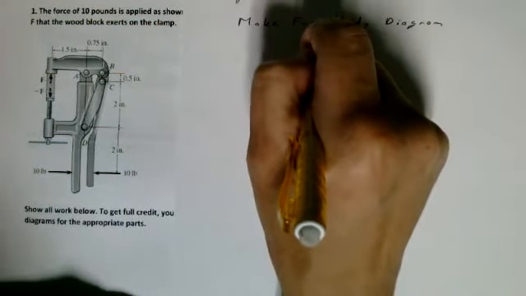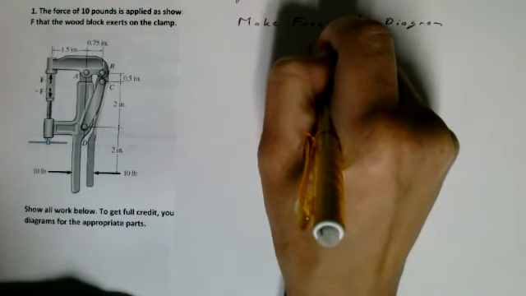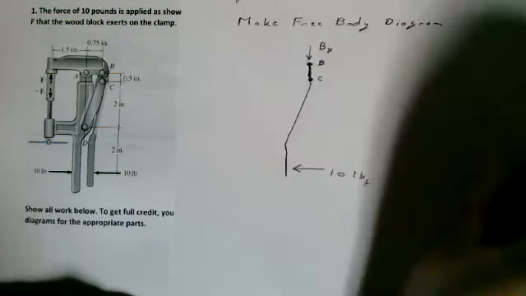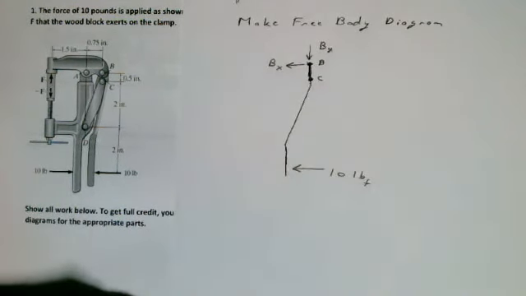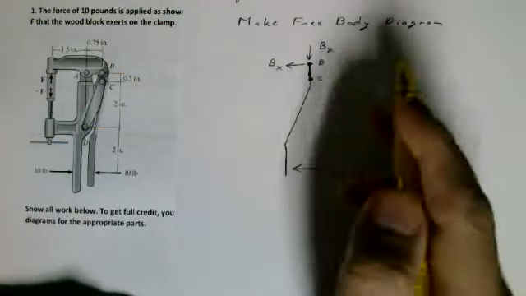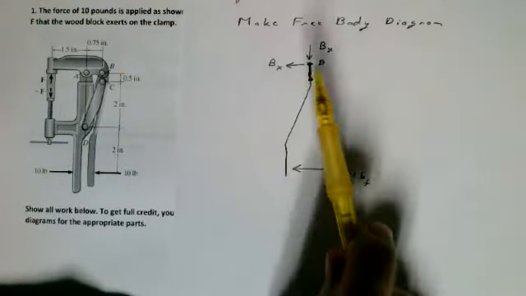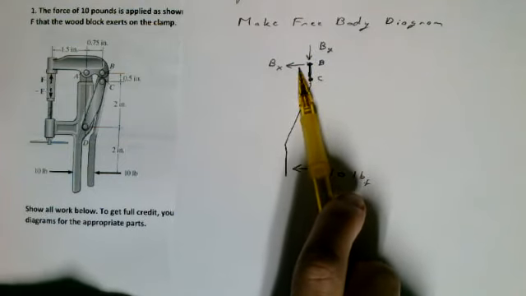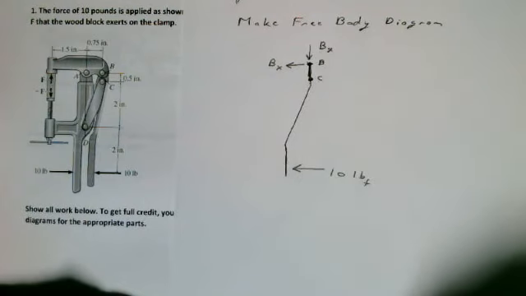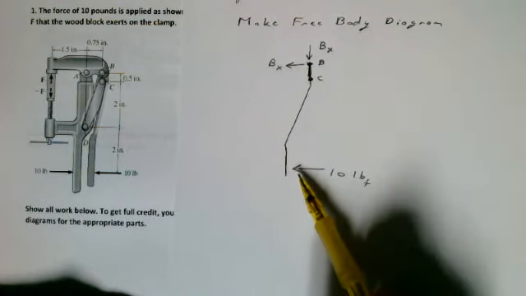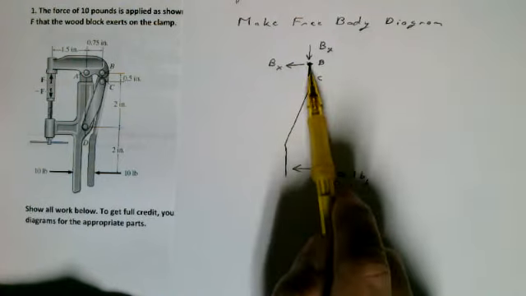Now, I'm going to guess that BY is in this direction, and BX is in this direction. I roughed this problem out before, so I kind of know what the directions are. But remember, if you guess wrong on any of these directions, your answer will just come out negative, and then you just know you have to flip the direction. So it's not a big deal if you guess wrong. So remember, we're making a free body diagram of this part, so we want to have all the forces on this part.